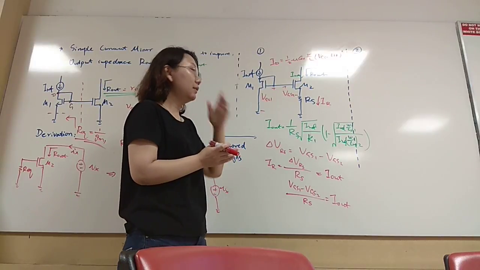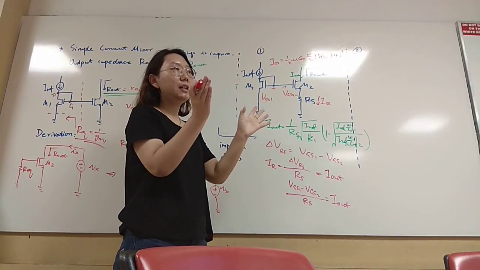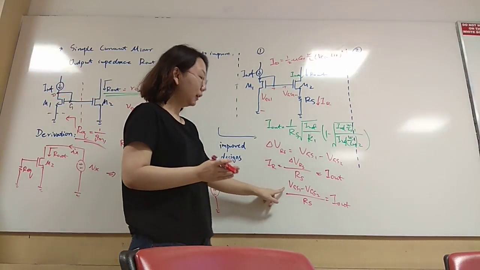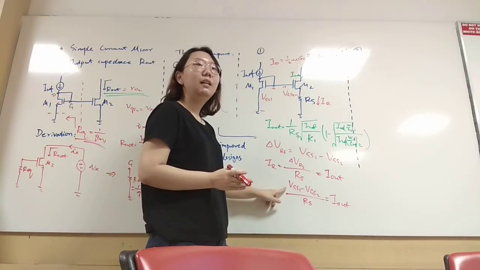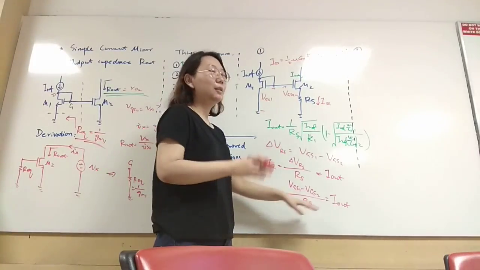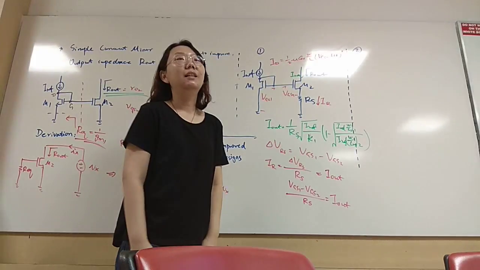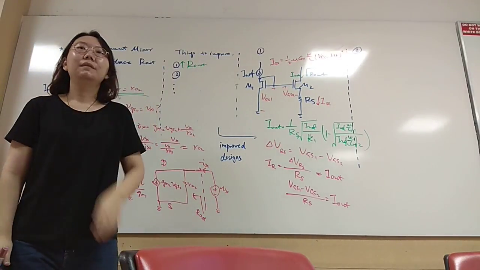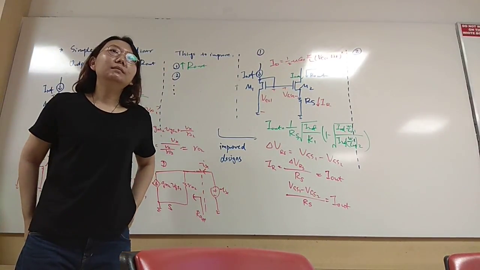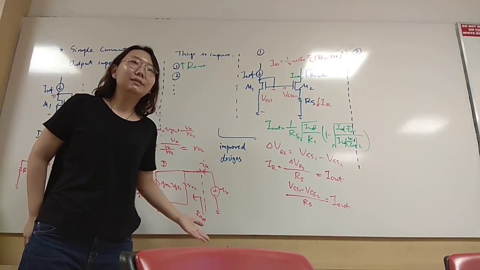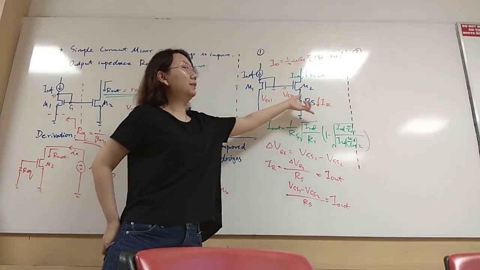So now you have one equation, VGS equals something with IREF. Just sub it in here. Then you do whatever math manipulation and you can get this equation. It's not difficult, as long as you know how to get this one.